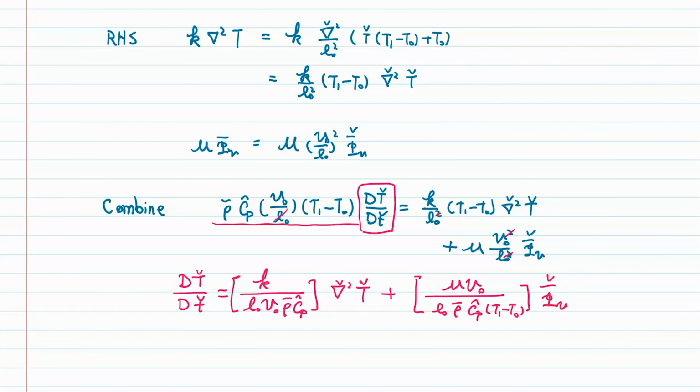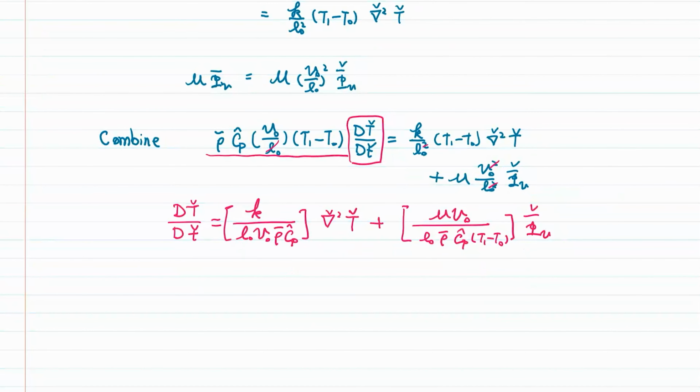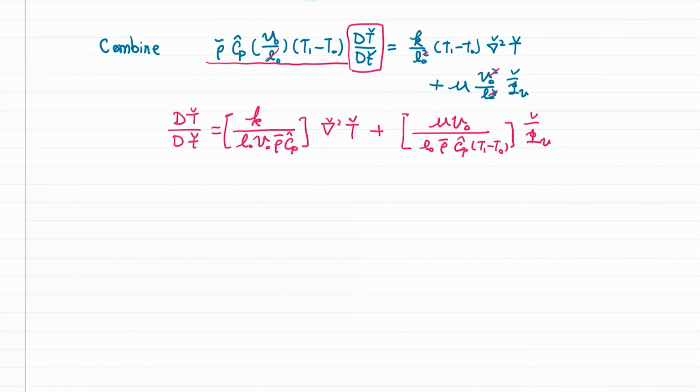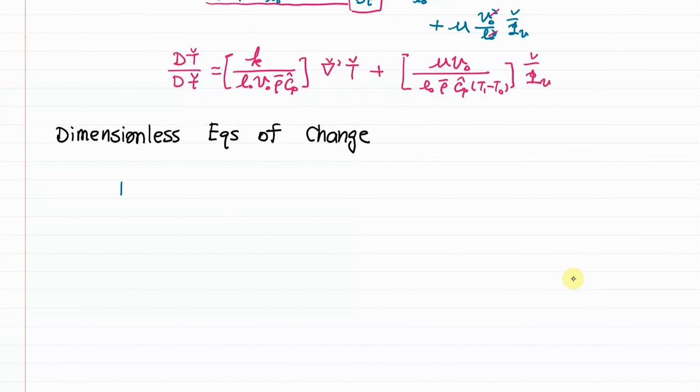Okay, so let's rewrite every term again. Let's just say this would be our dimensionless equations of change. First we have the equation of continuity. We have the dimensionless gradient of the dimensionless velocity equals 0.